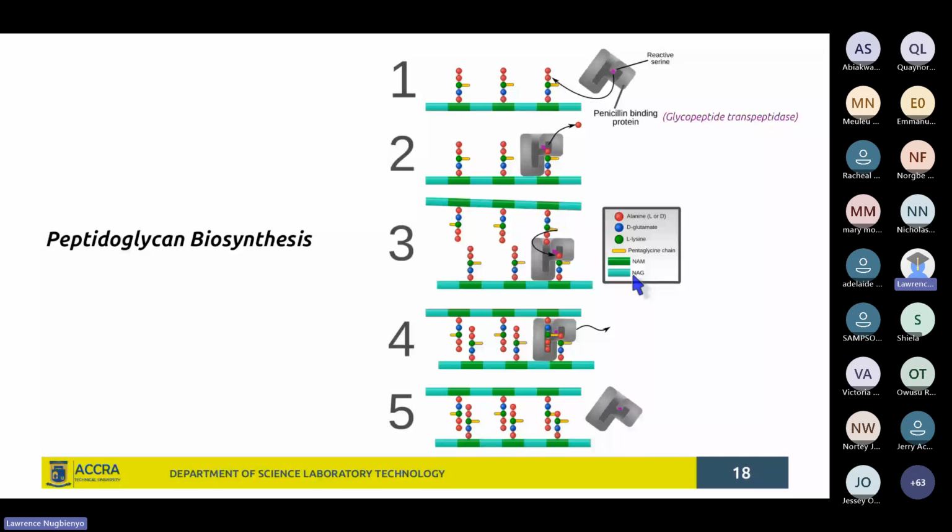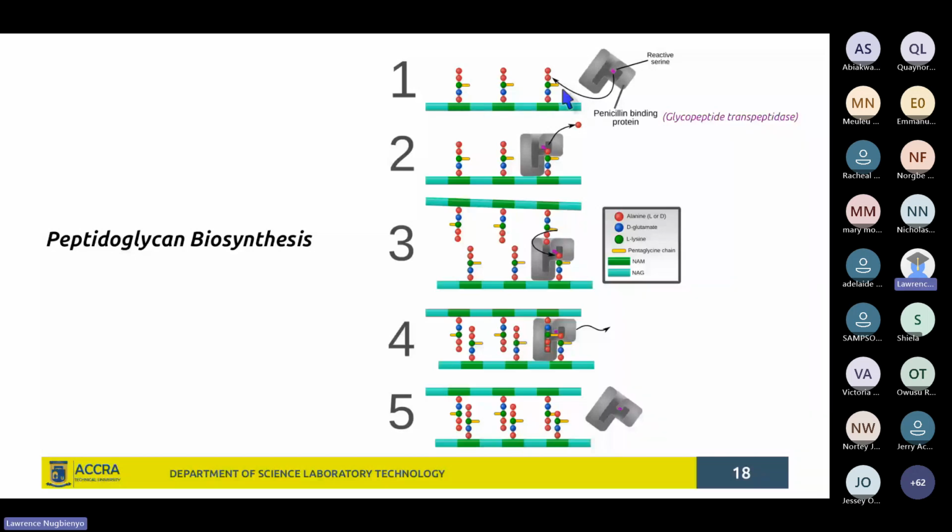So you can see that if you look at number 1, you have the N-acetylglucosamine portion. The next green is the N-acetylmuramic acid portion. And so you see that alternation throughout. And the tetrapeptide is on the N-acetylmuramic acid residue throughout. You see the tetrapeptides, which consist of alanine, the red spheres, lysine, the green, and glutamic acid, the blue.